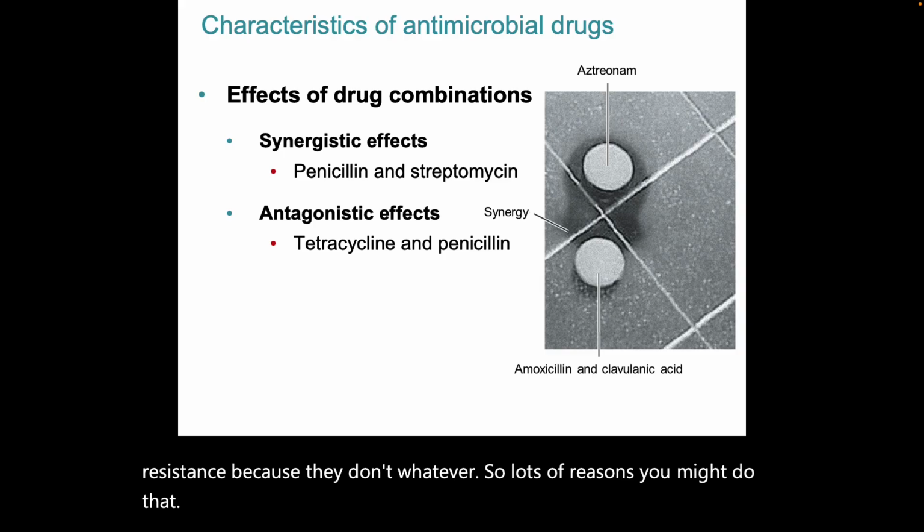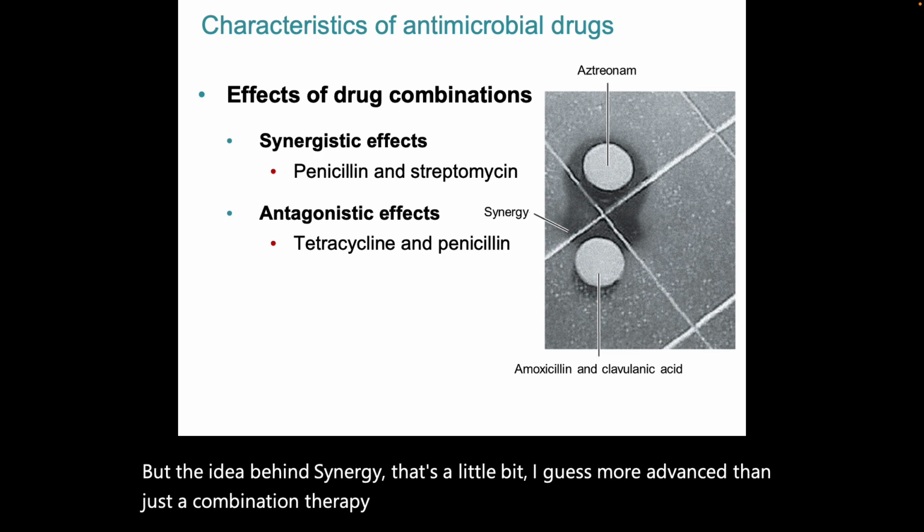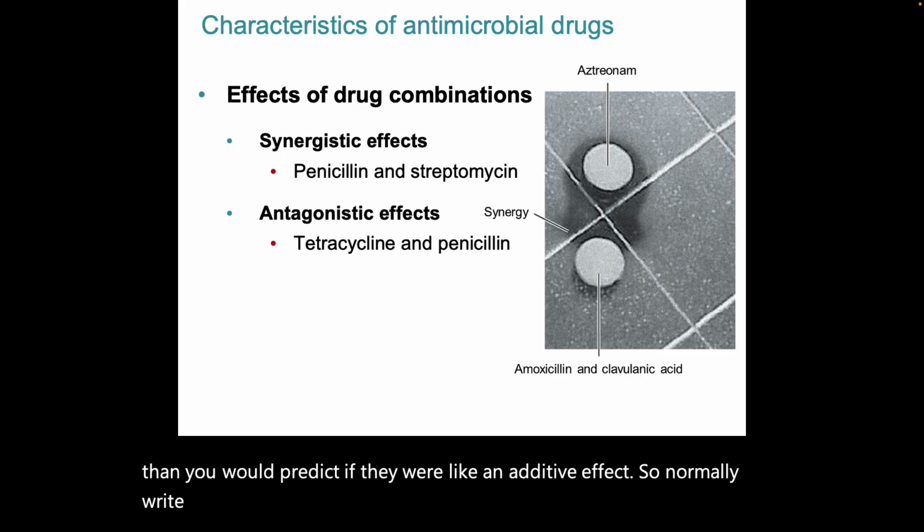But the idea behind synergy, which is a little bit more advanced than just a combination therapy, is that with synergy, they work together better than you would predict if it were an additive effect. So normally, 1 + 1 is 2.